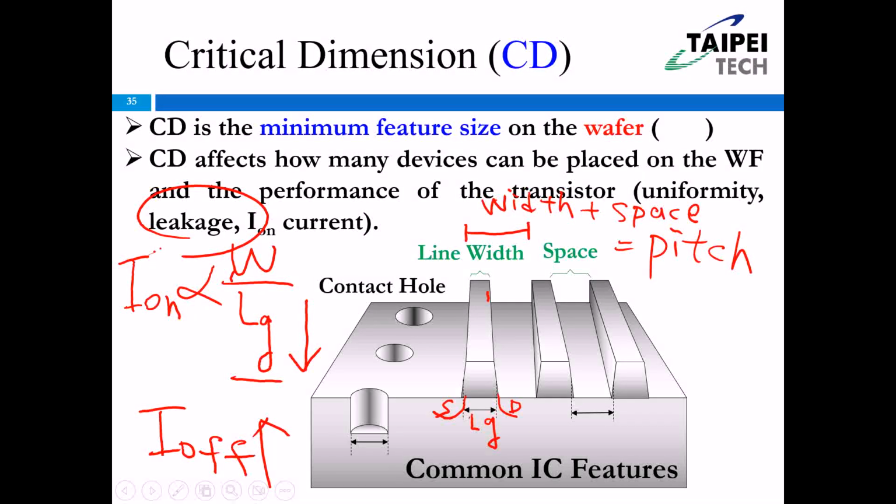And the power consumption of the transistor will be increased because the leakage current is too large. So that's the reason the gate length saturates. Saturate means maintain the same, around 20 nanometer. Gate length cannot scale down continuously, okay?